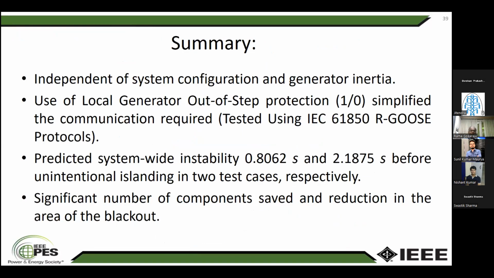So in summary, what were the advantages of this intentional islanding we did? The first thing was it did not depend on the system configuration and generator inertia. If you see the classical textbooks, we use the equal area criterion for transient stability analysis.